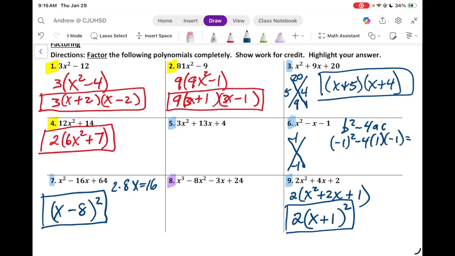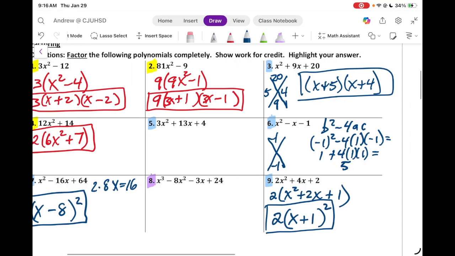And this gives you 1 plus 4 times 1, essentially. A couple of 1s. So this is 5. Now here's the rule. If b squared minus 4ac is a perfect square, then it's factorable.